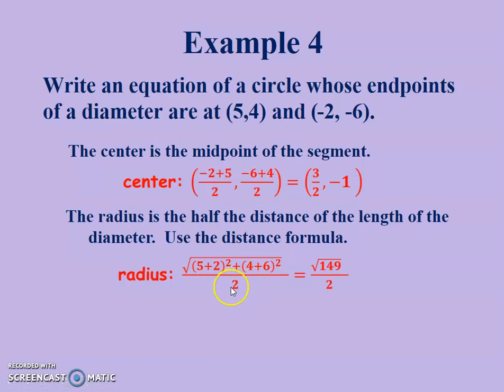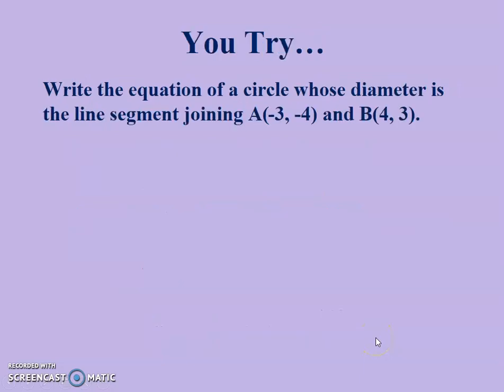However, I have to take that and divide by 2, and that will give me my radius. So now, when I plug it into the standard form, I'm going to have x minus 3/2 all squared, plus y plus 1 all squared for my h and my k. And then if I square my radius, the square root of 149 becomes 149, divided by 2 squared is 4. And so here's my equation. So go ahead and pause the video, take a moment, try this example now.